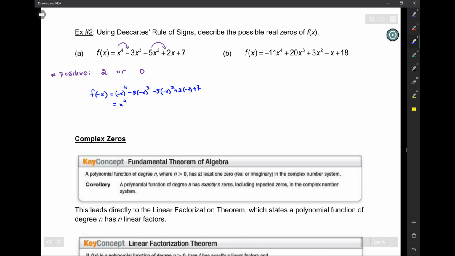X to the 4. What about the second one, positive or negative? Negative, negative, positive, right? 3x cubed. What about the next one? Negative 5x squared. So look at what happens, guys. Negative x to the power of 3 is negative. Negative, negative is positive. Negative x squared is positive times negative is negative. Here, negative, and then plus 7.